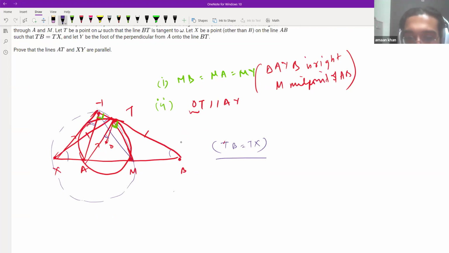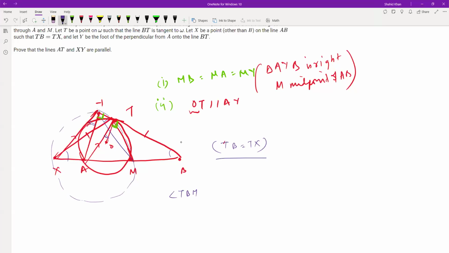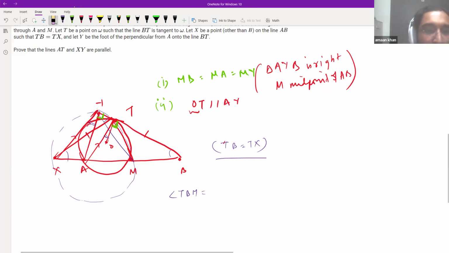So what he wrote is, I'll write it down here. Angle TBM, the third line, TXM is equal to BYM. He wrote it in a weird way, so I'll just write it like this. TXB is equal to TBM. This is fine, right?